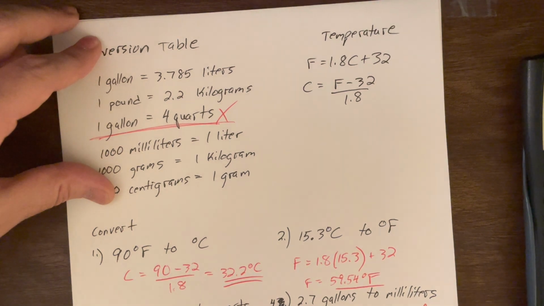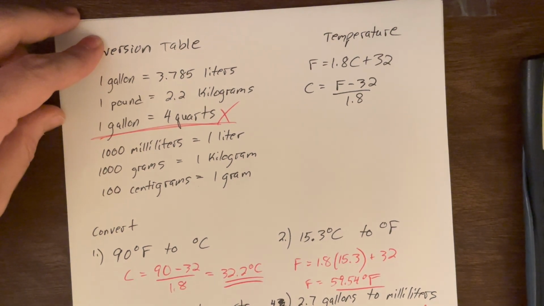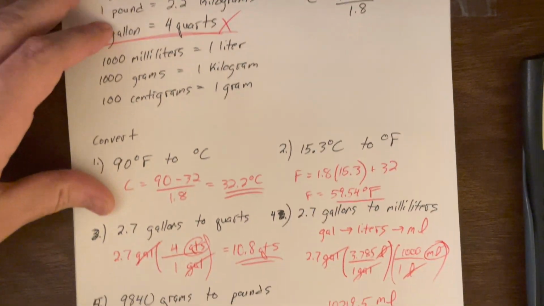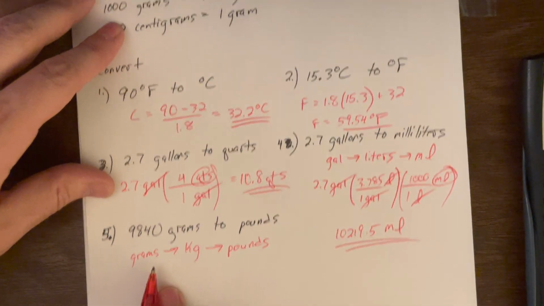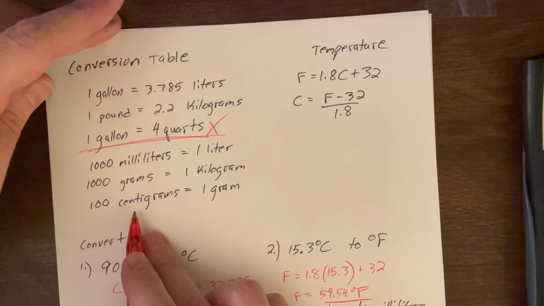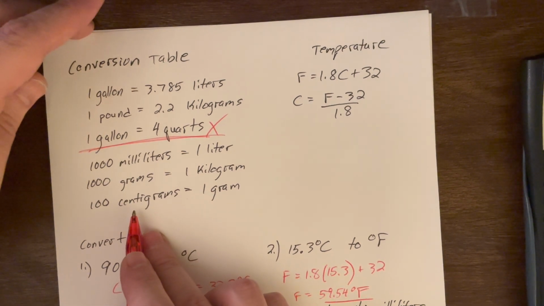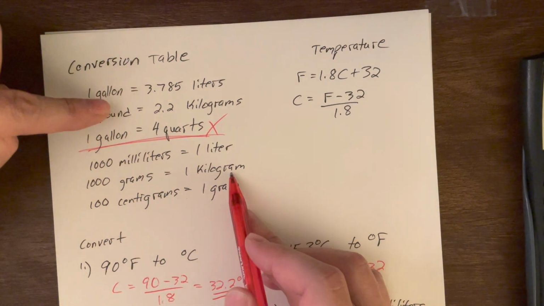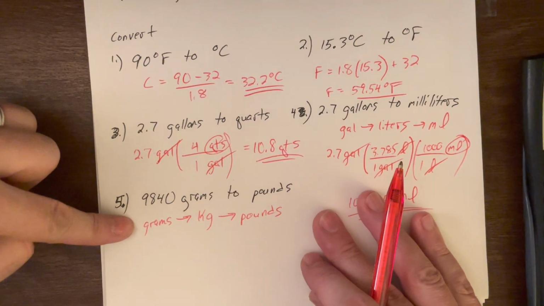You need to identify what you need, which ones will help. So this one never helped. We never had centigrams. We are starting in grams, so we could go from grams to centigrams, but how does that help? It doesn't. It doesn't get us anywhere. So the only 2 that help are these 2. That gets us our path.